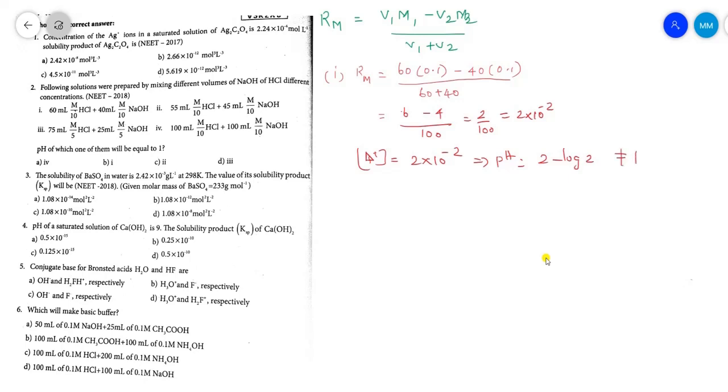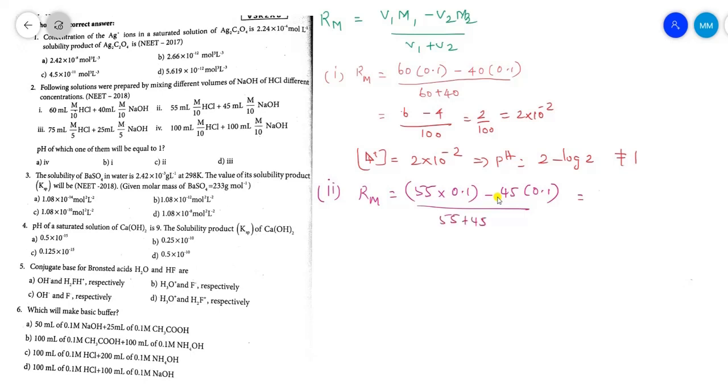In the second case, it is given that Rm is equal to 55 into, again M by 10, it is 0.1, minus 45 into 0.1 divided by 55 plus 45.